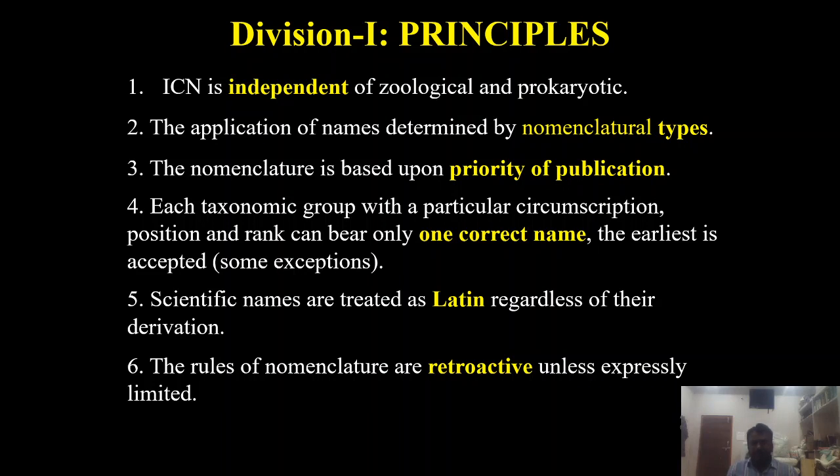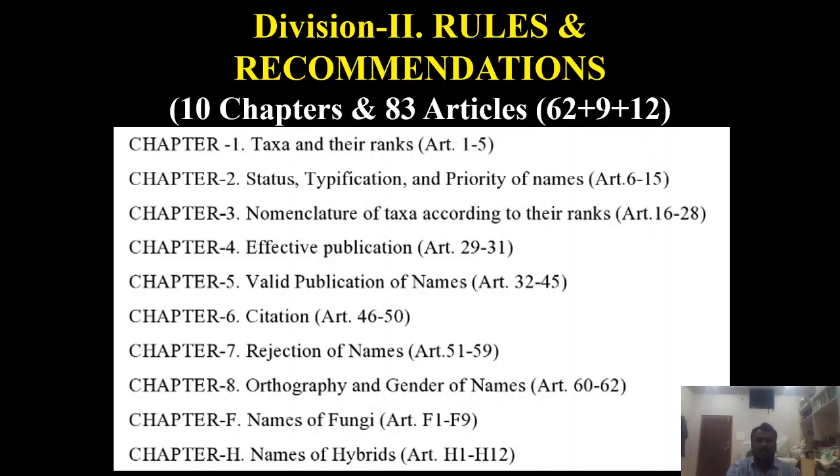That means names derived from any other language should be treated as Latin. The sixth is that the rules of nomenclature are retroactive unless expressly limited. These are the 6 major principles of the International Code of Nomenclature.